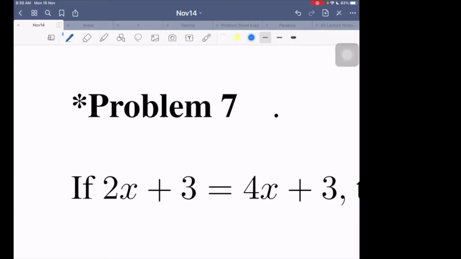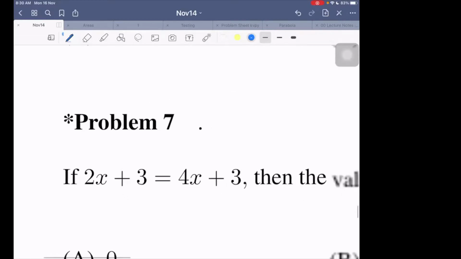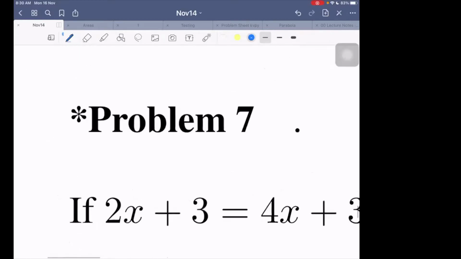Just stare at the question for 5 seconds. Our idea is to find the value of x that will make this equality true. What value of x is going to make this equality true?